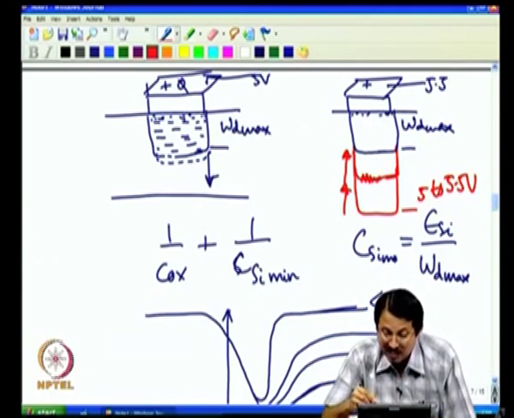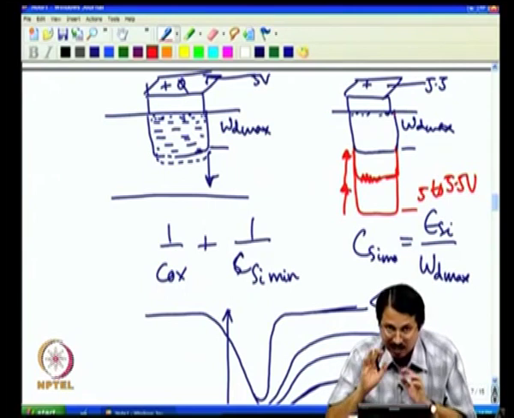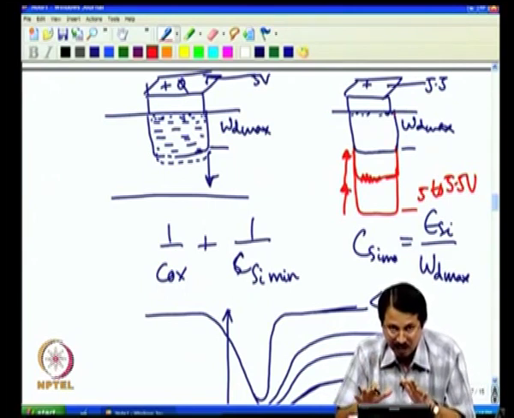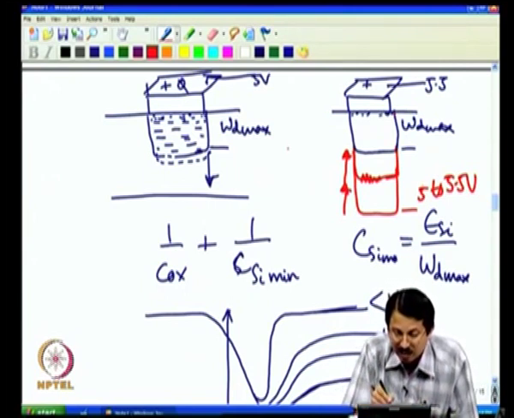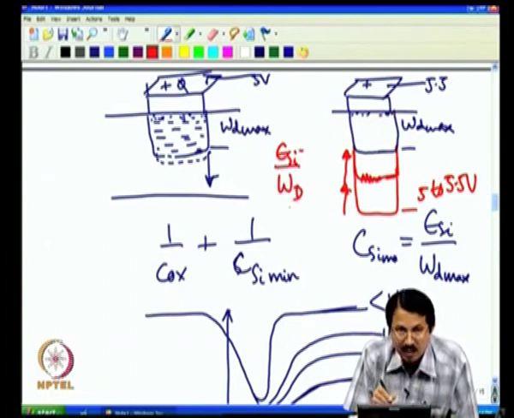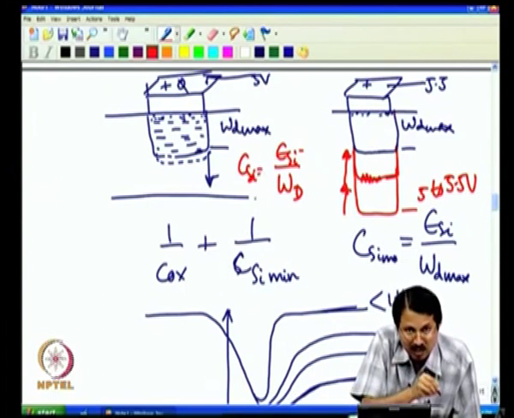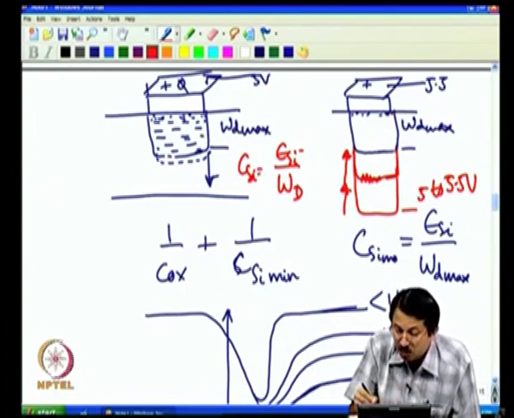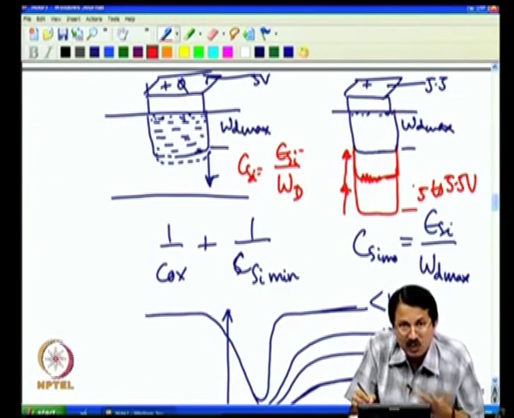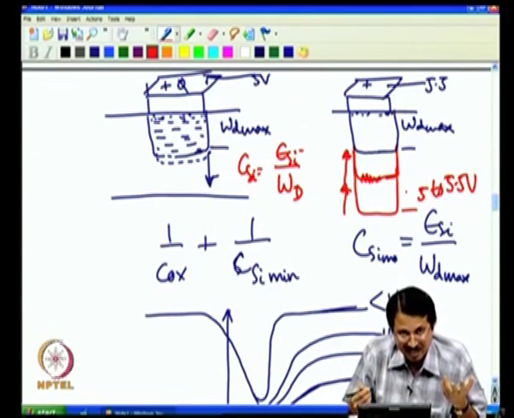Because this depletion width is more than WD max, the fundamentals are still the same. What is your total capacitance in silicon? Epsilon silicon divided by WD is C silicon, which will come in series with Cox, but WD is more than WD max, because you did not wait enough, you wanted to do the measurement immediately, right.